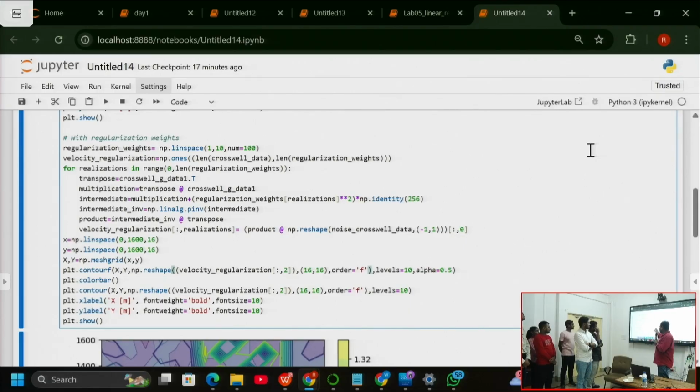We assign each result to a velocity regularization matrix which has 256 rows and 100 columns. So one column has the result for one lambda or alpha value, and we populated it for 100 values.